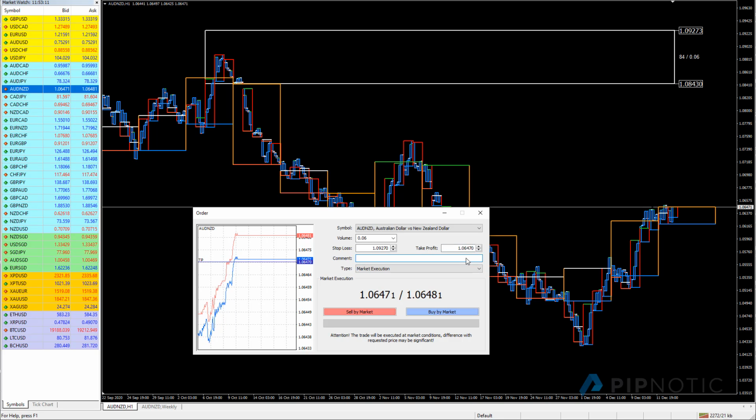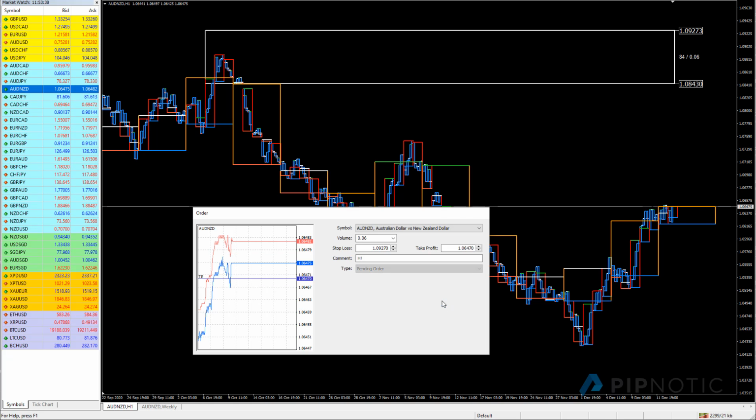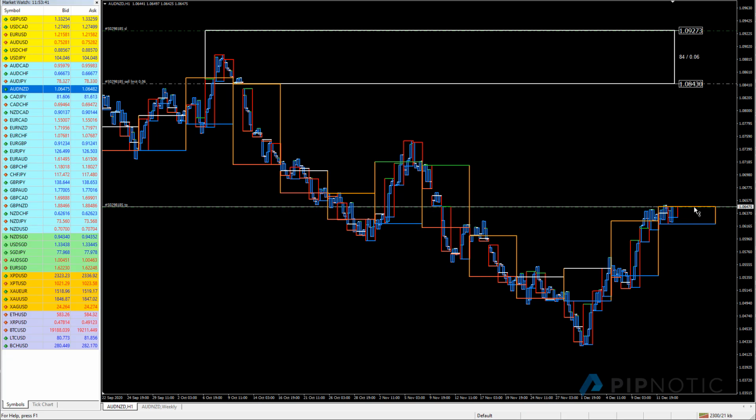See, my computer's lagging because it's doing a lot of stuff. This is a pending, a limit order. And the entry is 10843. Then we'll put that on and we'll leave it.